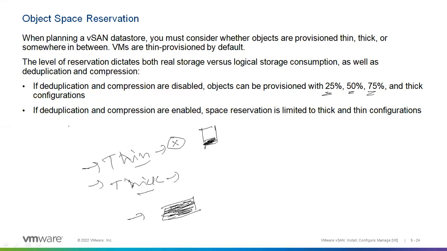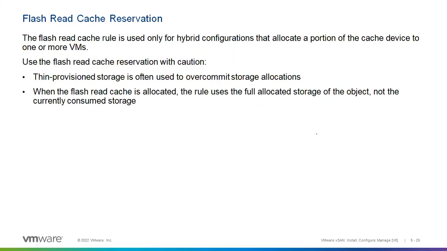If dedupe and compression are enabled with that policy, space reservation is limited to direct thick and thin configuration. Thick means 100% reservation, and thin means no reservation by default. Whatever data is written, that will be consumed from the underlying storage. But if I say thick directly, it will consume 100% of the space, whether you are writing data or not.